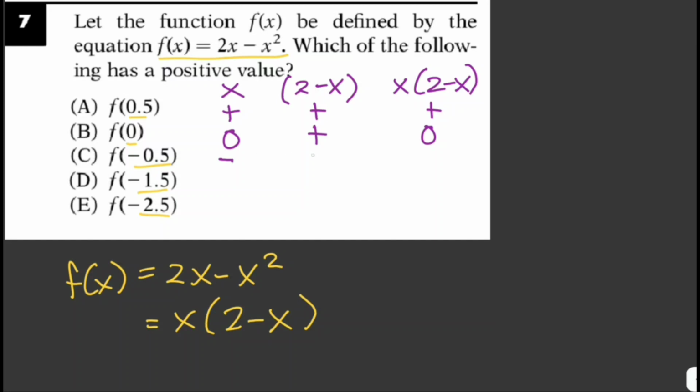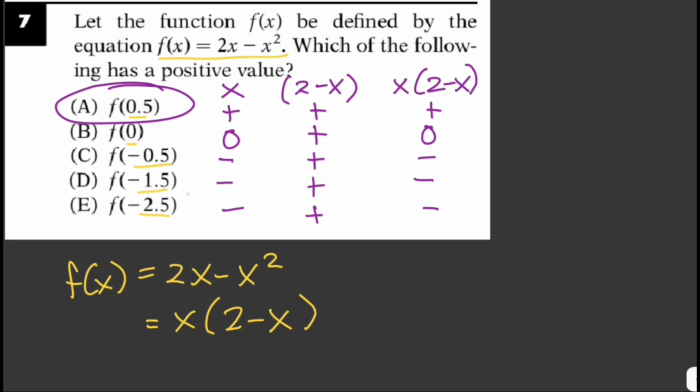The other choices will give us a negative number. So only the first one, where x is equal to 0.5, has a positive value for all the factors of the given function. Therefore, the answer is letter A.